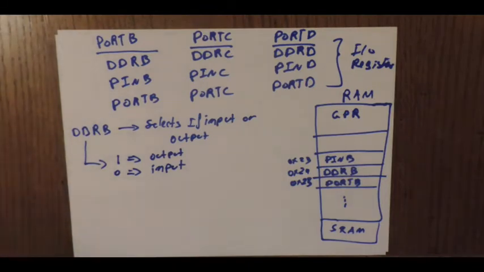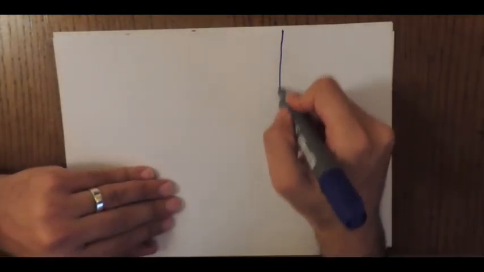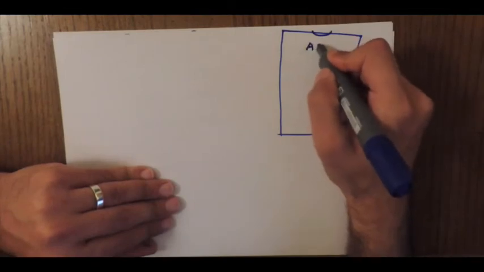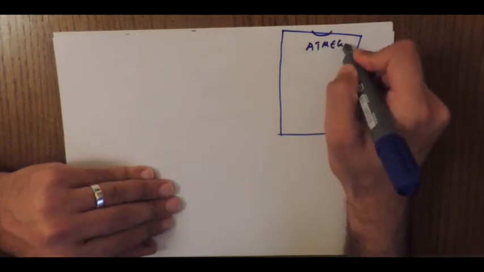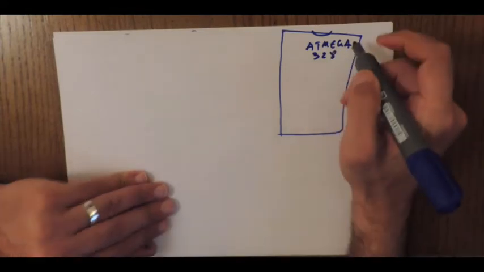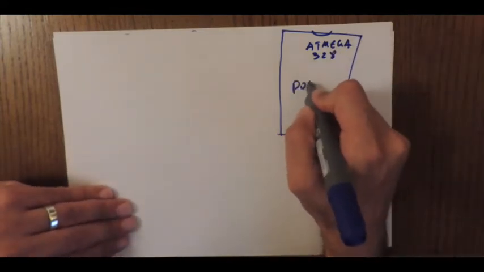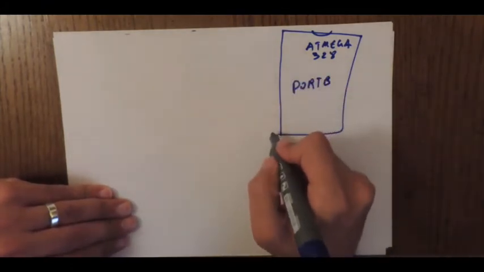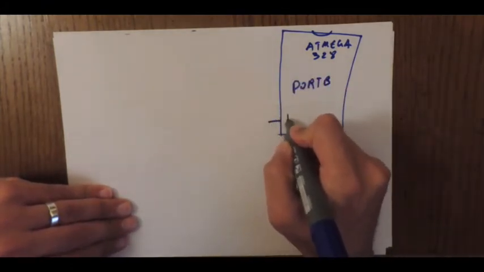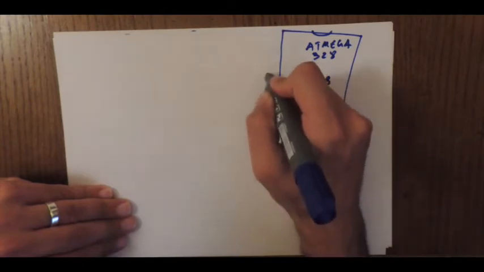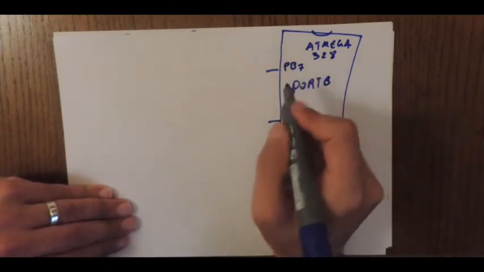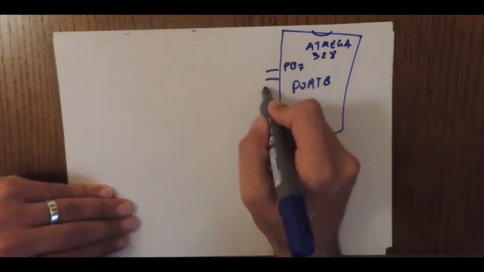So let's focus on this part. Assume we have this microcontroller. So this is the ATMEGA328, and we say that this is port B. I'm not going to be accurate about the placement of the pins, so assume we have here PB0 till PB7. So these are the 8 pins.